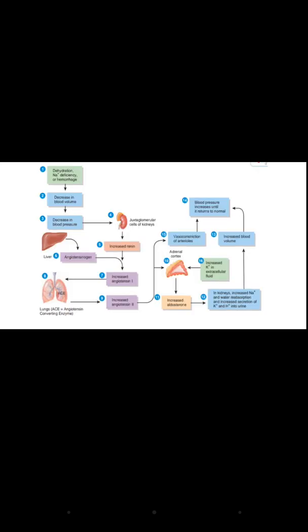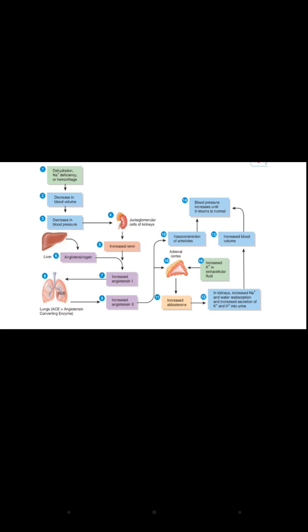Now let's see how blood pressure is maintained by aldosterone. Aldosterone is controlled by the renin angiotensin aldosterone system, the RAS system. In this image, the RAS system is shown.